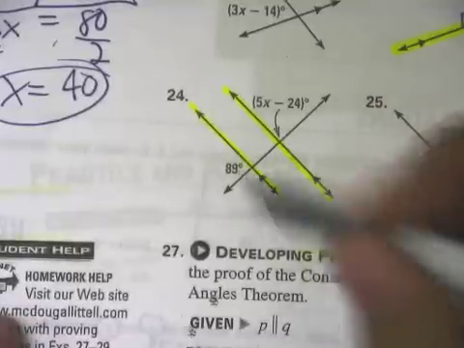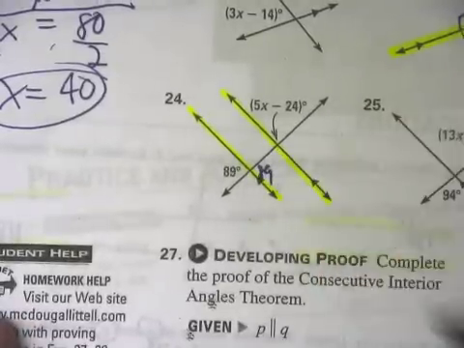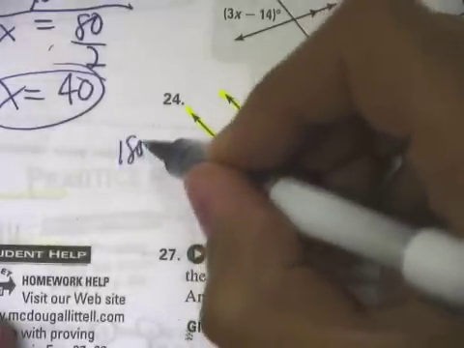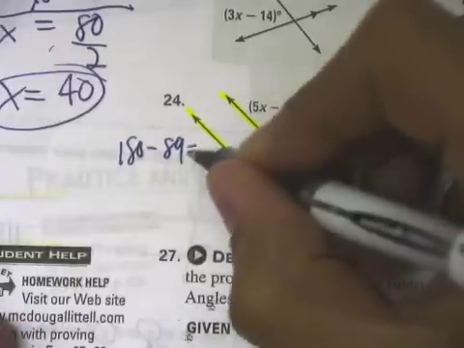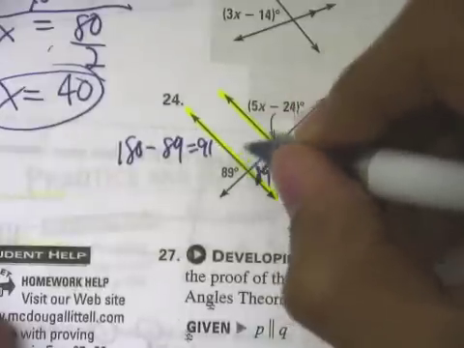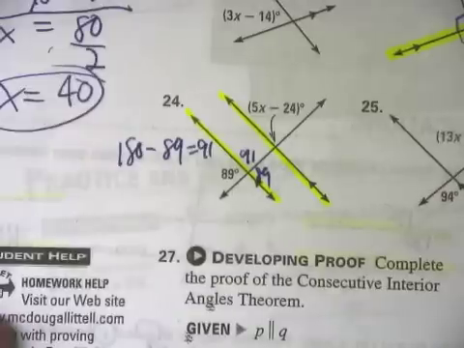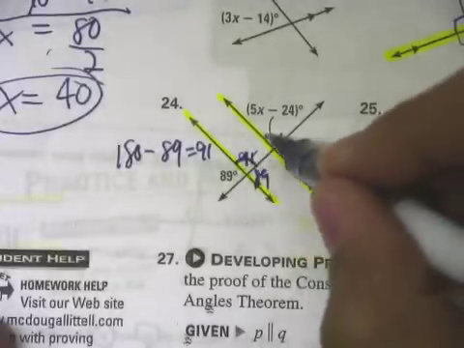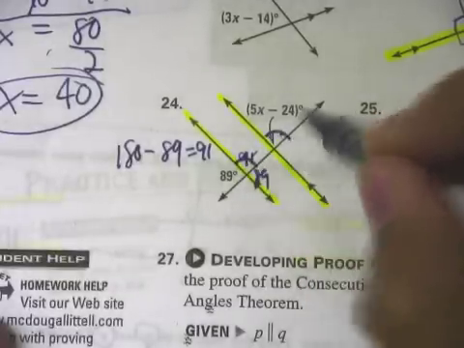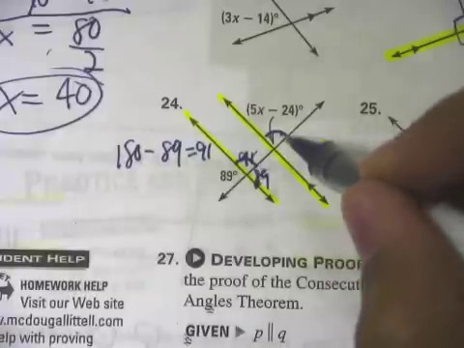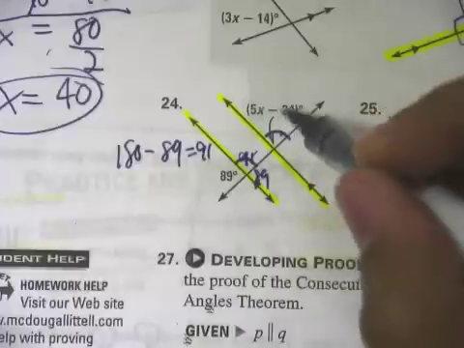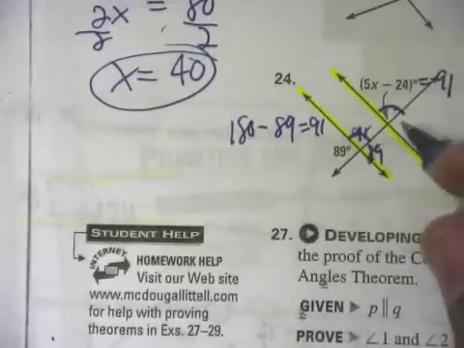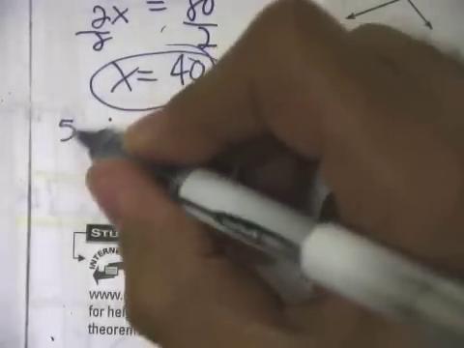Over here now, again, here are my two parallel lines. I know that this is 89 degrees, and this is going to be 89 degrees. And I can find this angle right here because I know that these are a linear pair. So all I need to do is 180 minus 89. That's going to give me 91. So this angle right here is 91 degrees. I also hope you recognize that this angle here and this angle here are corresponding angles, which are congruent. So since this is 91 degrees and this is also 91 degrees, I can say that 5x minus 24 is equal to 91 degrees.